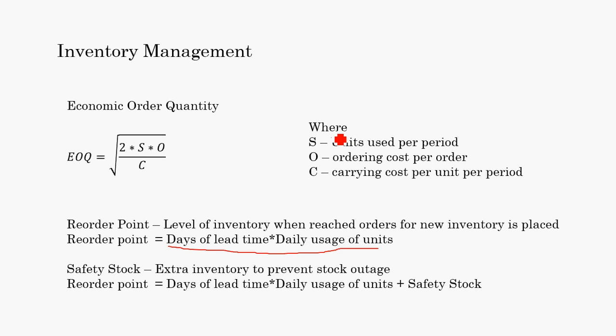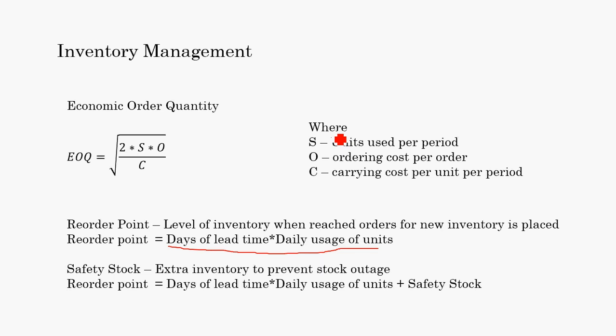And sometimes there will be a certain level of safety stock which is also maintained in your inventory. When there is a safety stock maintained, your reorder point will change. The main purpose of the safety stock is to ensure that if there is any change in lead time, you don't face a stock outage. Now let's take an example. Let's say that the lead time is 3 days and you intend to maintain another 3 days of stock as safety stock.